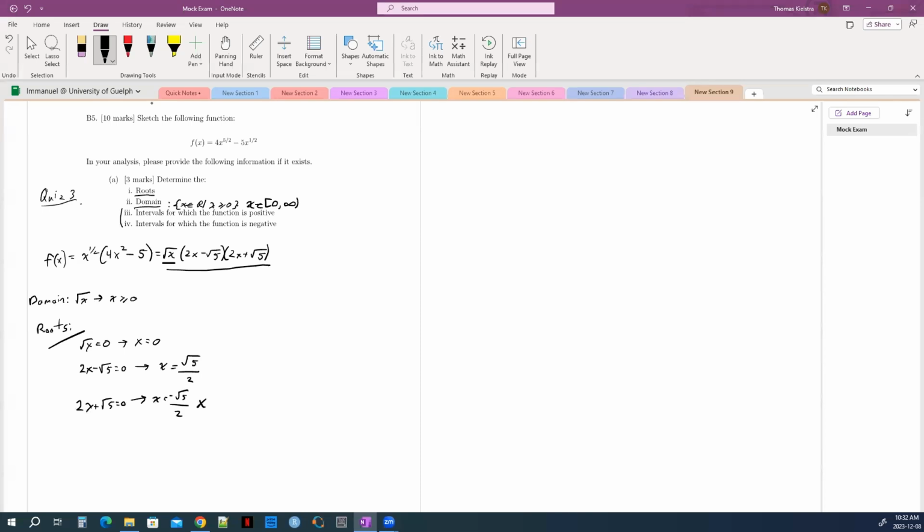But this is not allowed, not a root, as it is outside the domain. So because it's outside of our domain, our roots are x equaling 0 and root 5 all over 2.